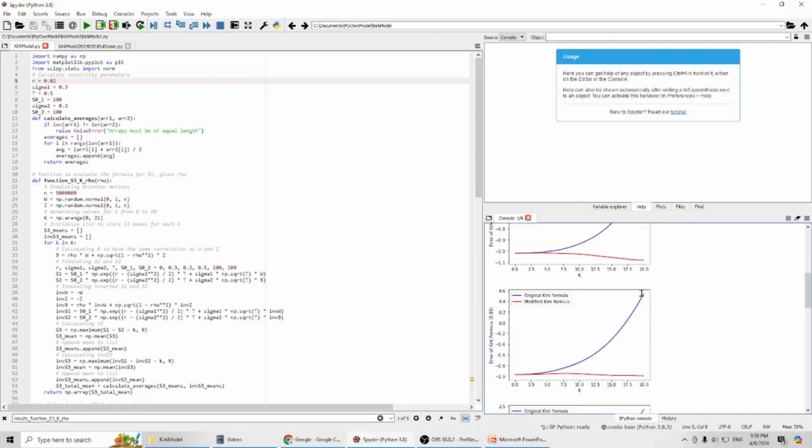And when we take a look at correlation 0.85, we can see similarly the error of the modified Kirk formula remains stable, and you can see this original Kirk formula's error. First, it basically decreased, and then it goes over 0.